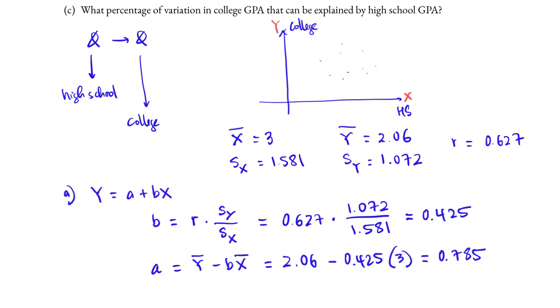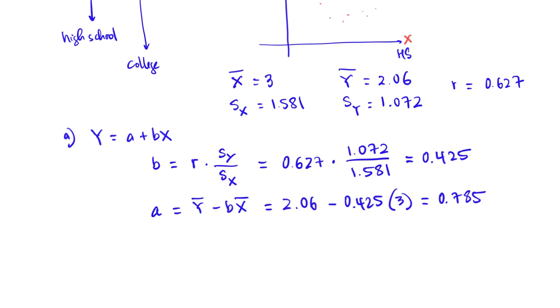Now that we have both a and b, we can write the least square or best fit line. y equals a, which is 0.785, plus b, which is 0.425, and then x.